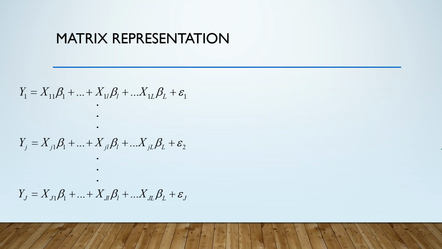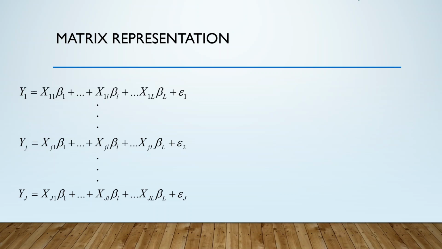For multiple regression, this can be the matrix representation. Now suppose you have J number of dependent variables, that is y has y1 up to yJ, and each of the y terms, suppose y1, depends on L number of independent variables.